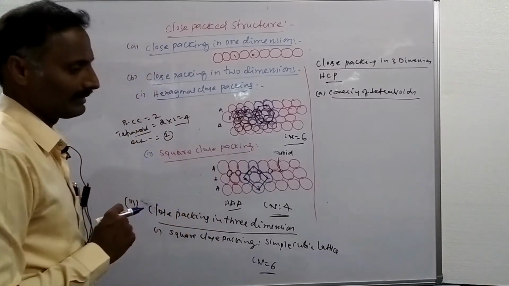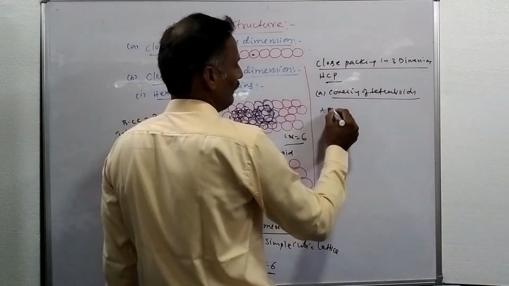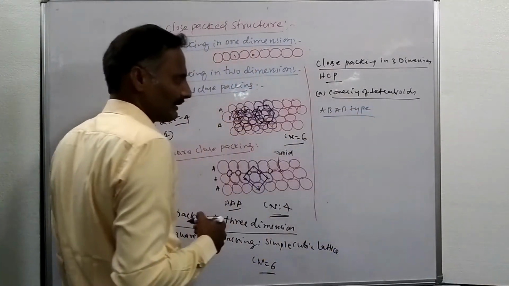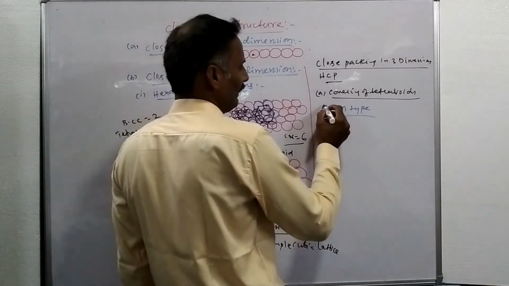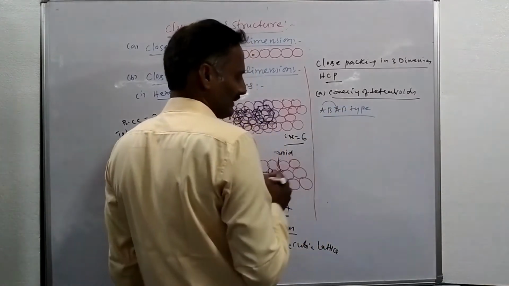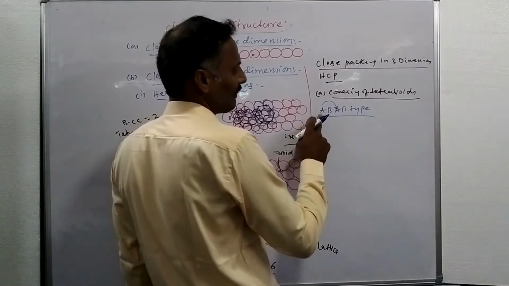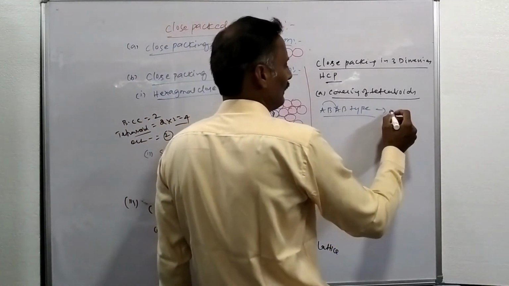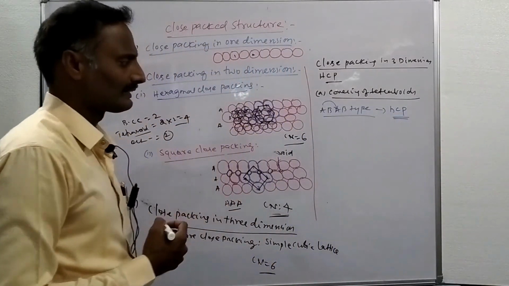This type of arrangement is called AB type arrangement. In AB type arrangement, the first layer and third layer have the same alignment. This type of arrangement gives hexagonal close packing structure.